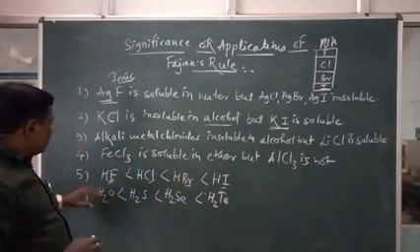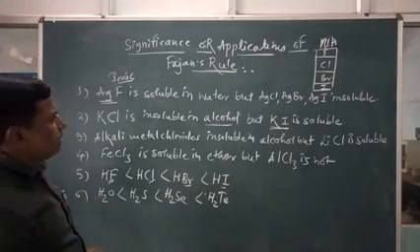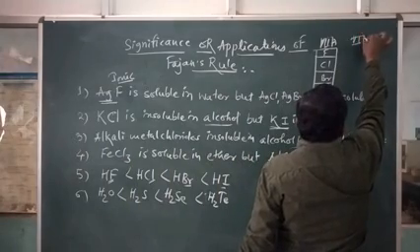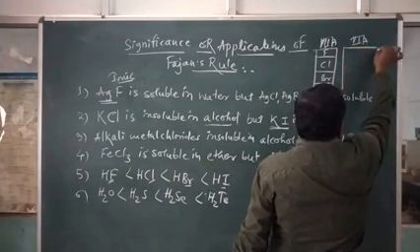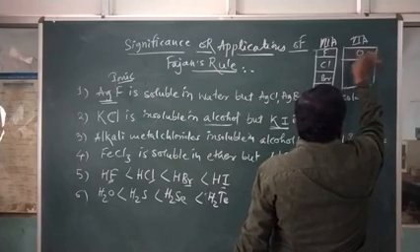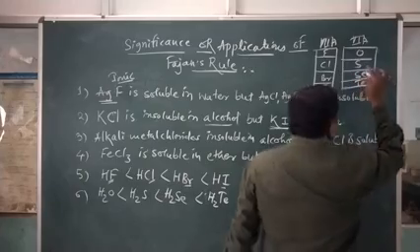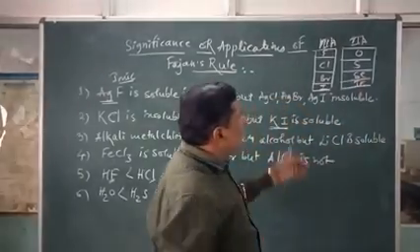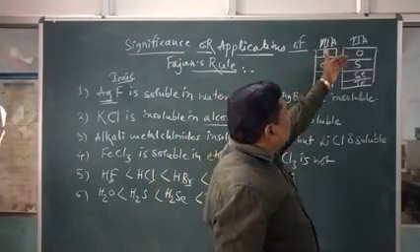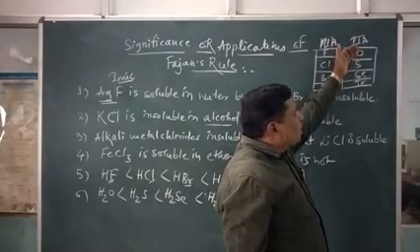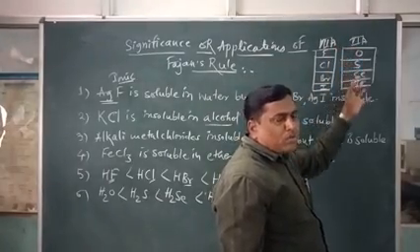In this way, suppose we take the 6A group elements. These were 7A, and again 6A can be taken. In 6A we have oxygen, sulfur, selenium and tellurium. Here, the oxide series, the oxygen family elements, also increase in size from top to bottom.